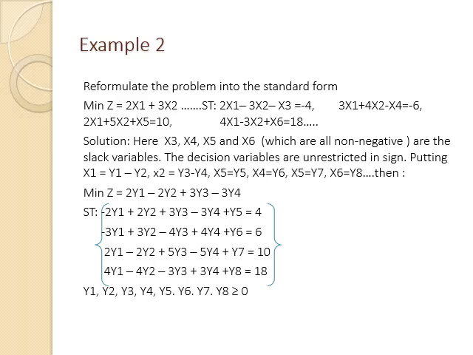The non-negativity condition will be y1, y2, y3, y4, y5, y6, y7, y8 more or equal 0. The main mission is to substitute x1 by y1 minus y2, x2 by y3 minus y4, x3 by y5, x4 by y6, x5 by y7, and x6 by y8.